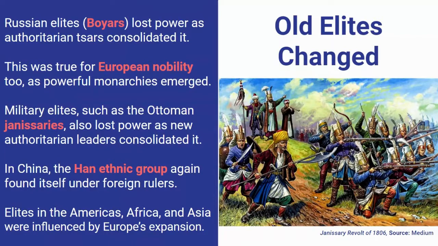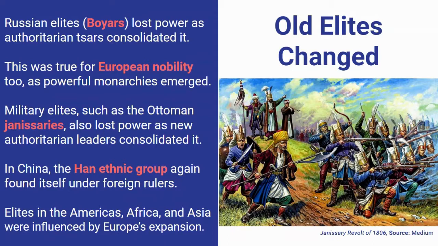The same exact thing was going on in Europe, where you had kings actually taking power from their own nobilities. In the Ottoman Empire, you had the Janissaries, who I said actually revolted. That was an elite military group. They revolt in 1806, and from before that period, but definitely after, they were losing power, and eventually they get replaced by a new Western-type military, probably about 100 years after that revolt I mentioned.